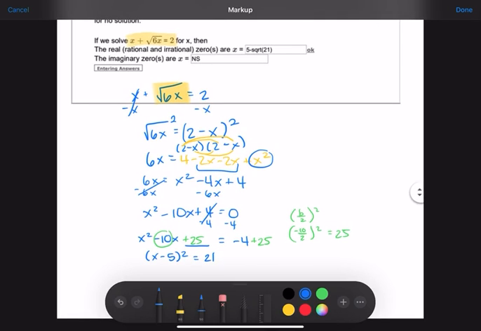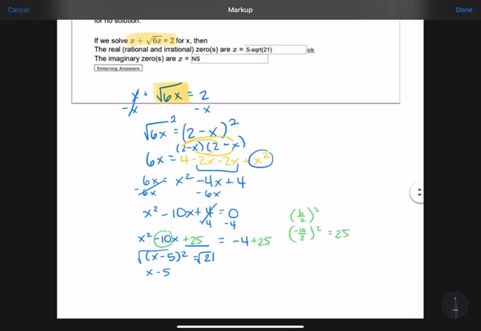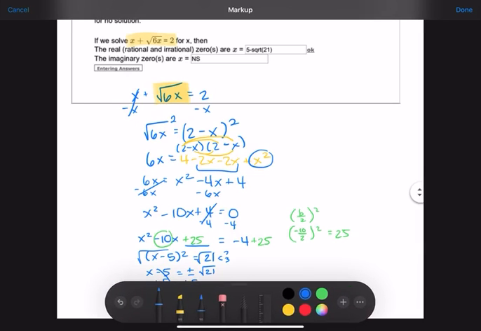So I'm going to go ahead and take the square root of both sides here, and I get x minus 5 equals plus or minus square root of 21. The factors of 21 are 7 and 3, so it can't actually factor anymore. So then I just add 5 to both sides, and I get x equals 5 plus or minus the square root of 21. And so that is what I put in up here.